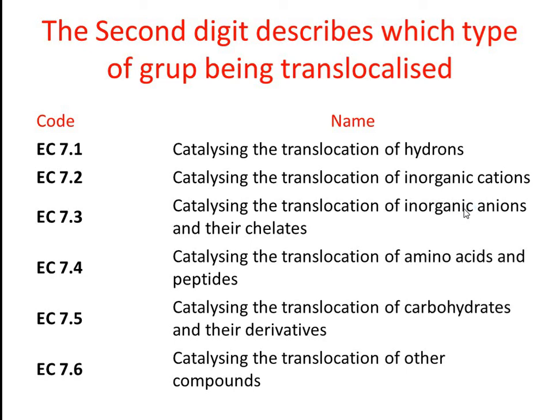The second digit 4 indicates the translocation of amino acids and peptides. The second digit 5 indicates the translocation of carbohydrates and their derivatives. The second digit 6 indicates the translocation of other compounds.